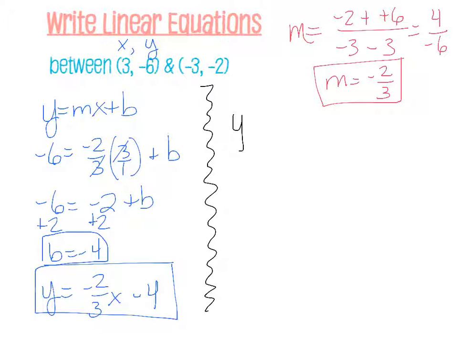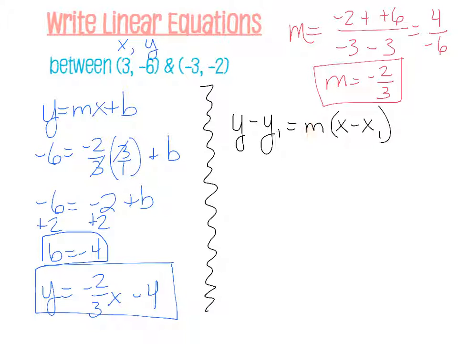Point-slope form is y minus y1 equals m times x minus x1. You start off similarly to slope-intercept form, where you are just replacing some of those variables. I'm going to get rid of the x1 and the y1 using this point.